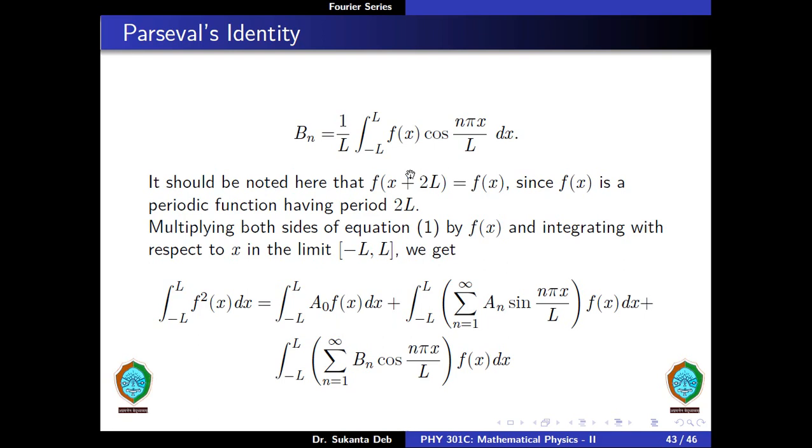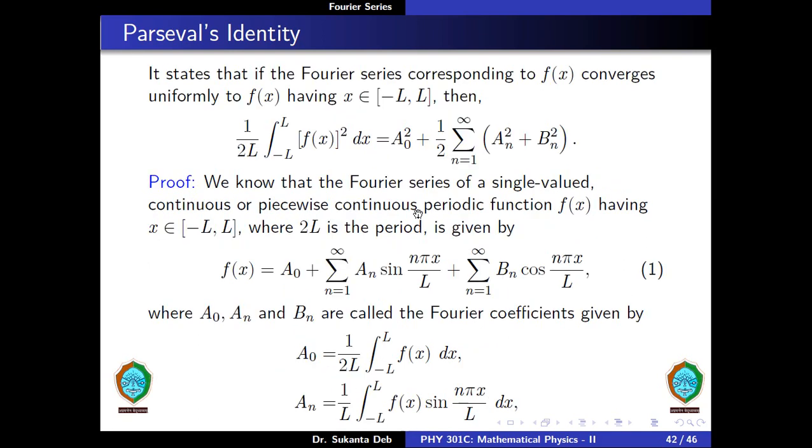And we should note down that f of x plus twice L is equal to f of x, because here f(x) is a periodic function having period twice L. This is equation number 1.